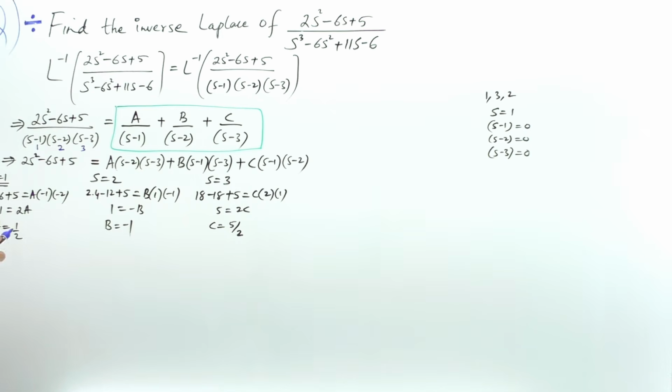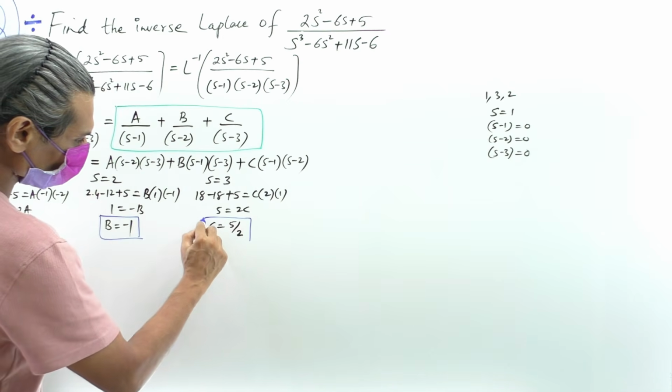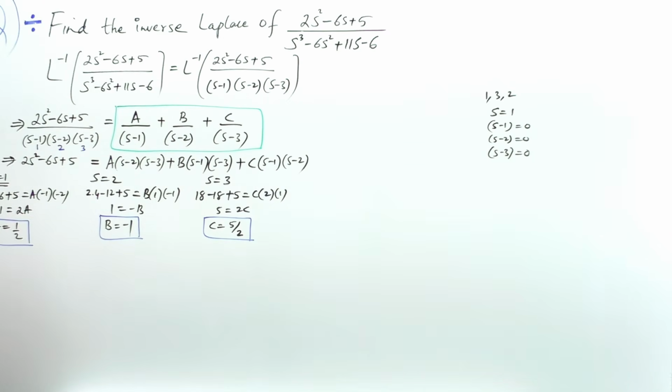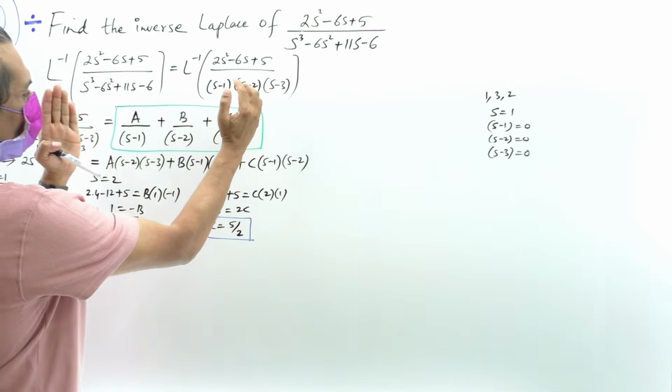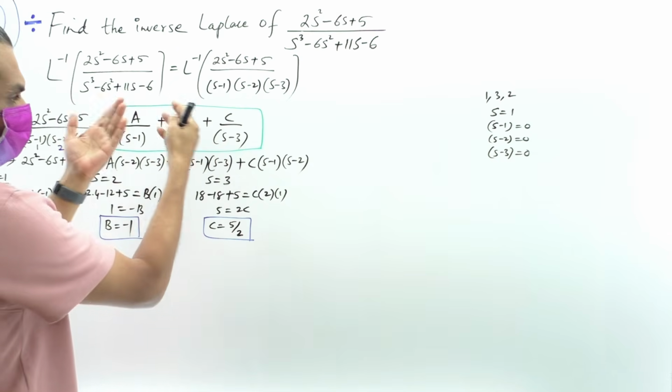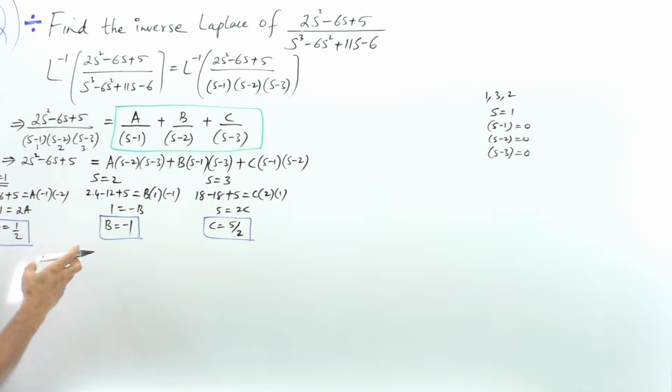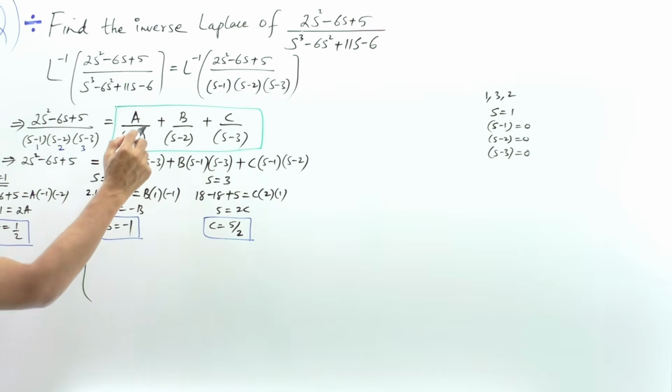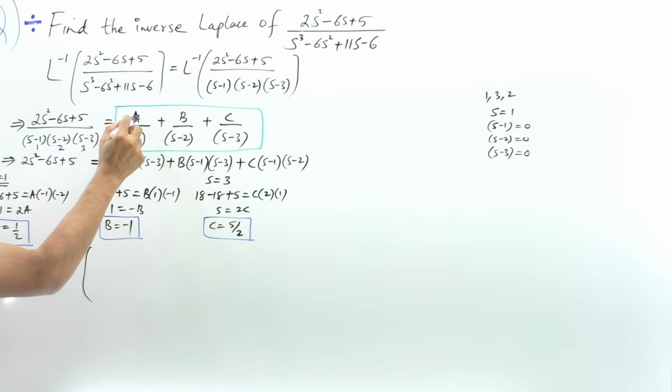Now as you have got the values for A, B and C, A is 1 by 2, underline it. B is equal to minus 1 and C equals 5 by 2. Therefore, this is an important equation, because we are finding A, B, C here and putting them over there. So we have Laplace inverse of, in place of A put 1 by 2.